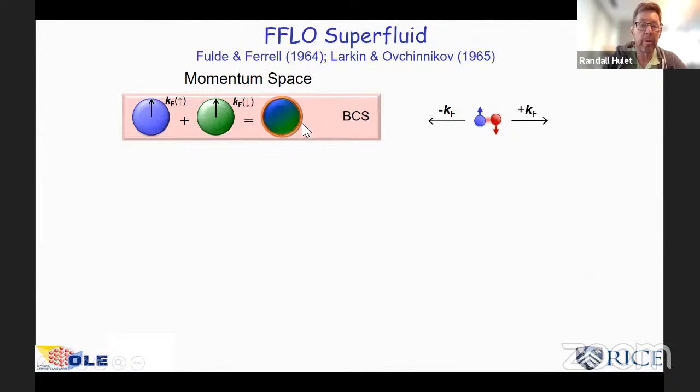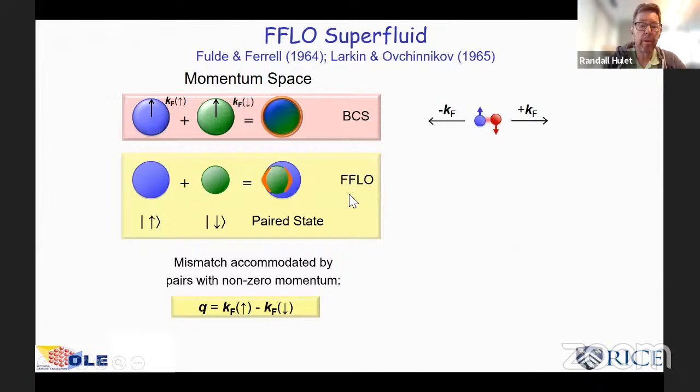So the superconducting order parameter defines how thick this wedge of electrons is around the Fermi surface. This corresponds to Cooper pairs that are not moving, that have net zero center-of-mass momentum.